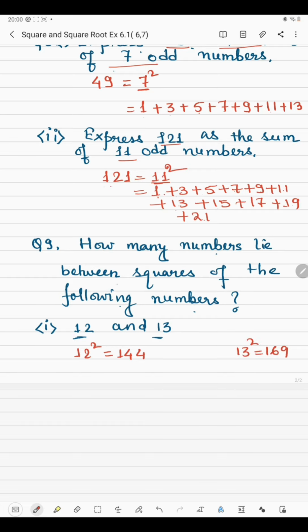So we will have to write the numbers in between. So this is our limit. We cannot take 144 or 169. We will just write the numbers in between. Okay.